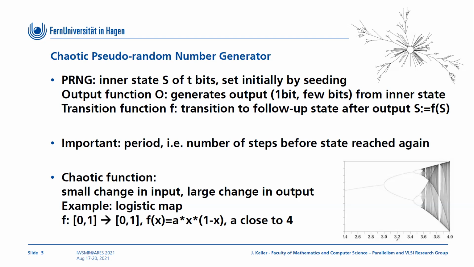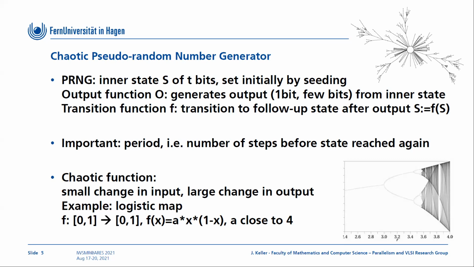When the generator is called, the output function O generates output which might be 1 bit or a few bits, at least fewer bits than t, from the inner state. After output has been called, the transition function is invoked and it transforms the current state into the follow-up state.